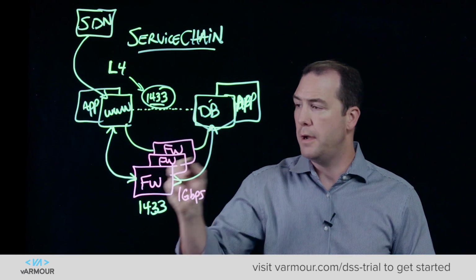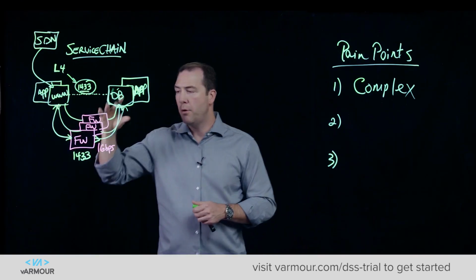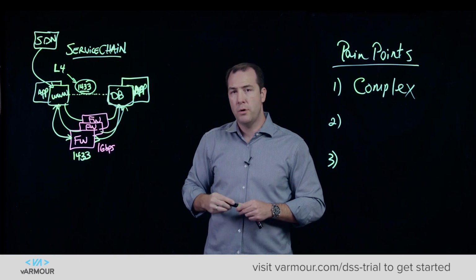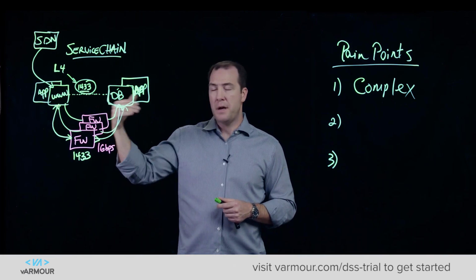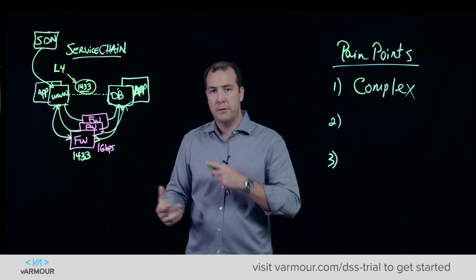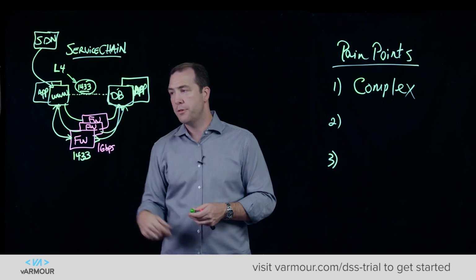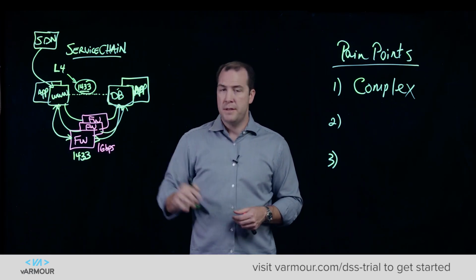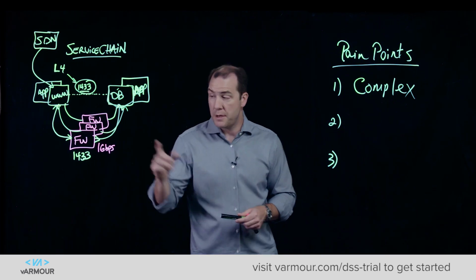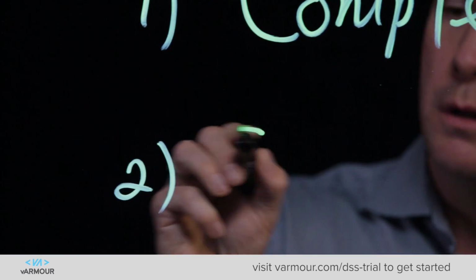So I have to figure out how I want traffic to flow through these and how I want to balance it across them and how I actually want to divide that traffic. So now I've got multiple firewalls, I've got multiple service chains. I'm trying to figure out which ports to send to which firewall, firewall 1, firewall 2, firewall 3. And it becomes pretty complex to manage. And the reason that this occurs as well is because I've got performance limitations, right? So I've got some scalability issues here.